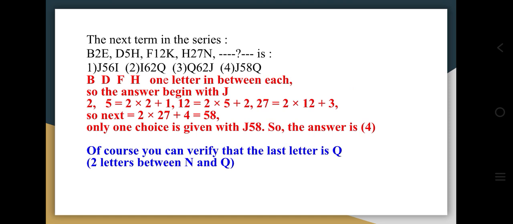So between E and H, F, G, two letters are missing. Between H and K, again I, J, two letters. Between K and N, two letters, L and M. So after N, we have to miss two letters, O, P. So the next one is Q. So the answer is J58Q.